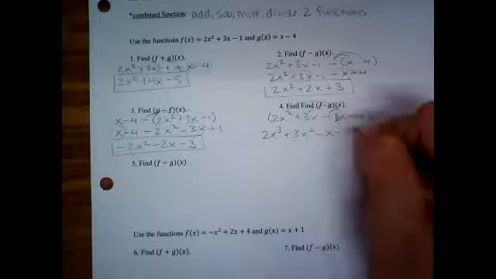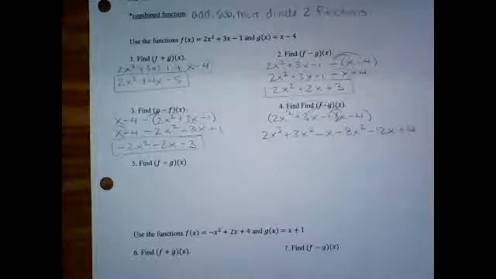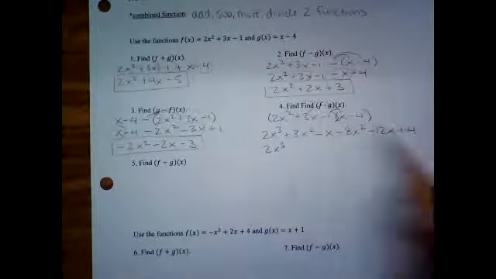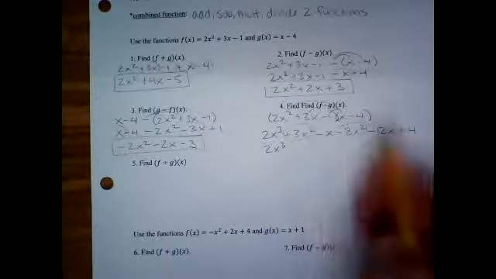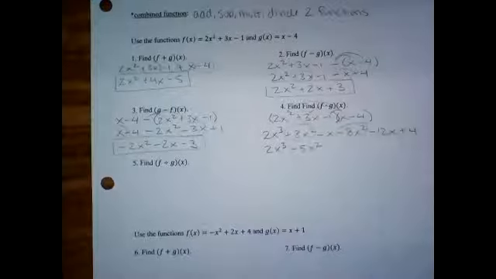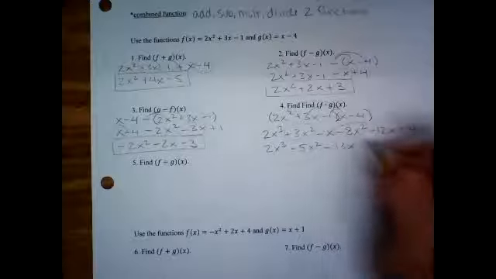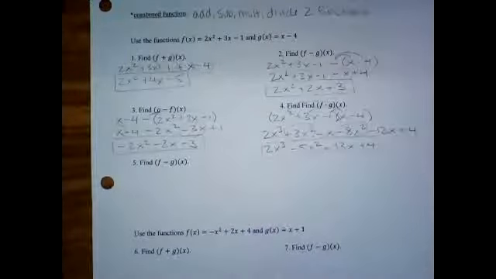That'll be minus 8x squared minus 12x plus 4. So you get this big long string of terms. And then again, we're going to put the like terms together. So 2x cubed, and then let's see, how many x squareds are we going to have? Good, minus 5x squared. And then we'll have minus 13x plus 4. So again, it's just multiplying all of that together.